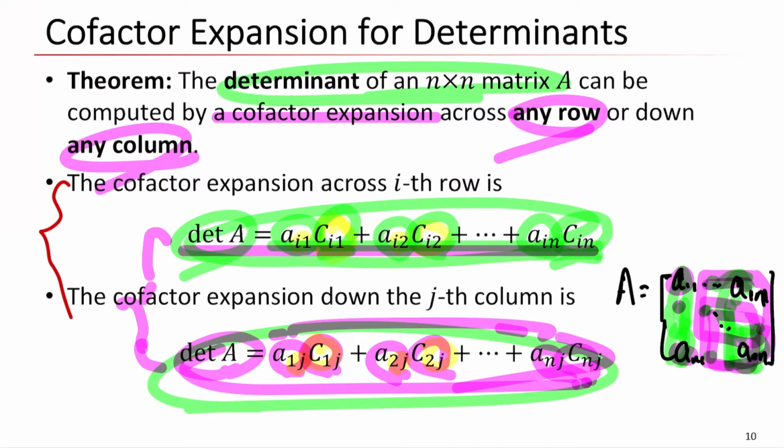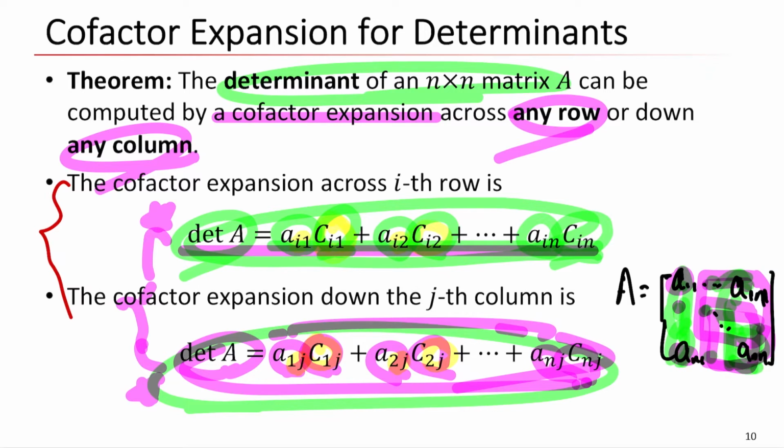So here is the general rule. The determinant of an n by n matrix can be computed by cofactor expansion across any row or any column. By using any row, we can estimate the determinant of matrix A, or by using any column, we can estimate the determinant of matrix A, right?